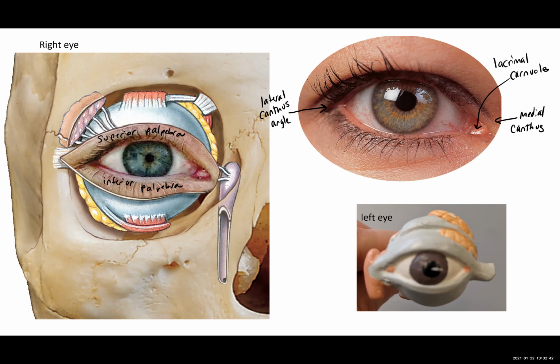This other diagram does a great job of showing us the lacrimal apparatus, which is responsible for producing our tears. So we see this side of the diagram ends with the nasal cavity, so medial, and over here we have the lateral side. So we can start actually with the lacrimal apparatus, which produces our tears.